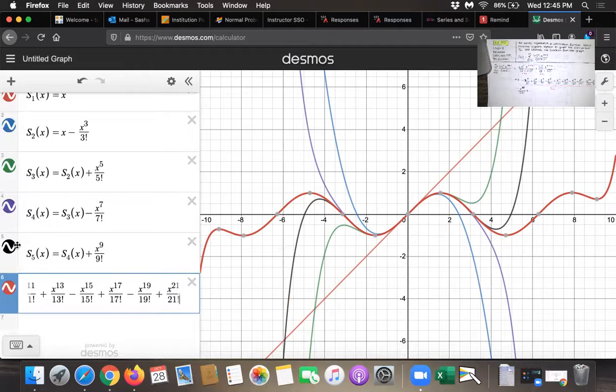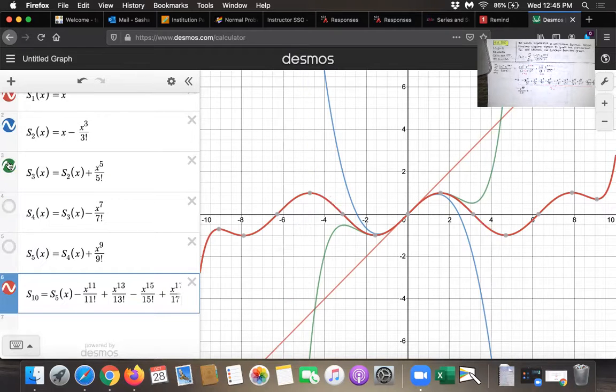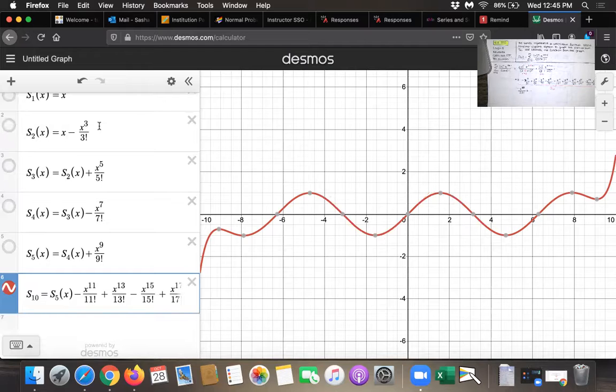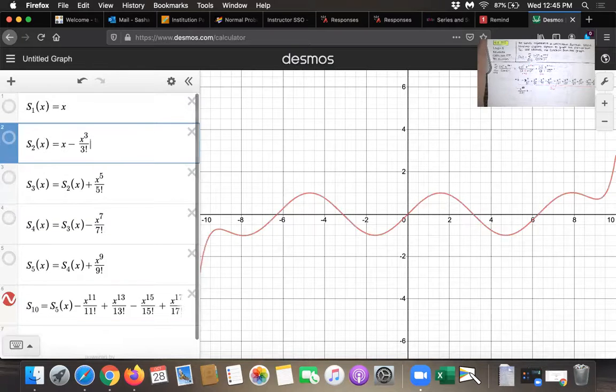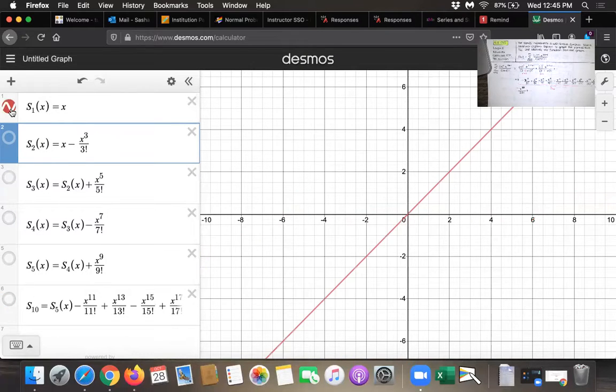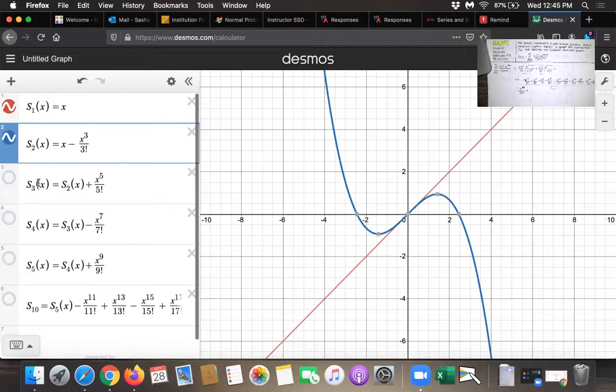Okay. So let's turn off all these other graphs for right now and just look at s sub 10. Question is, do you recognize that? What graph does it appear to be approaching? Well, let's start at the beginning. There's s sub 1. The first partial sum is just x. Then we've got a cubic polynomial.